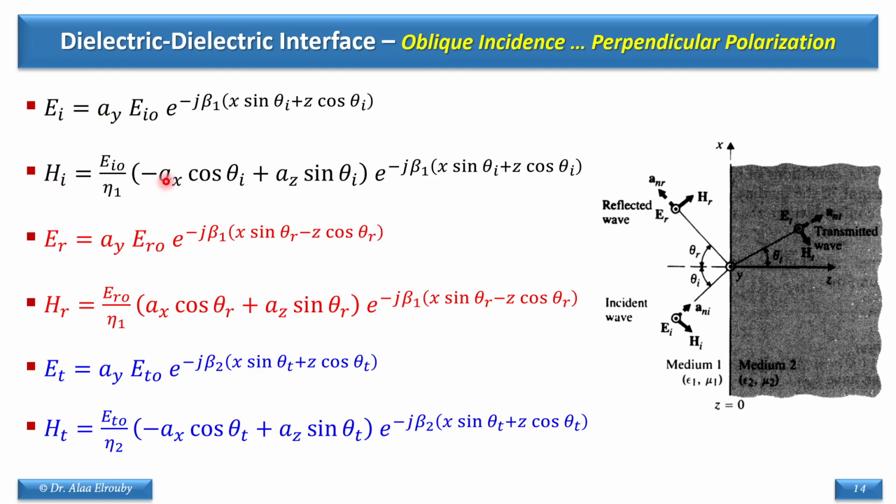So H is in the direction of propagation cross E, so we have E, H, and direction of propagation.